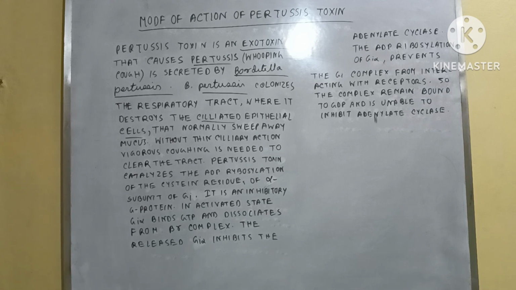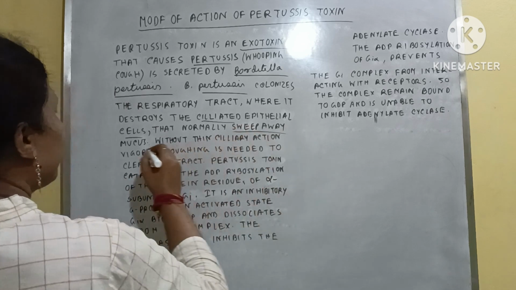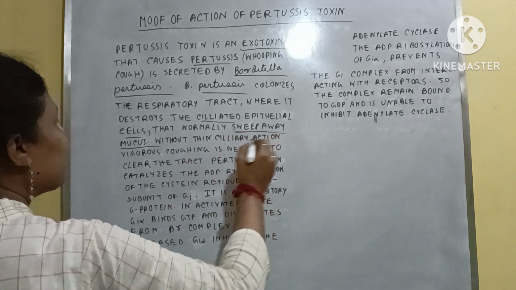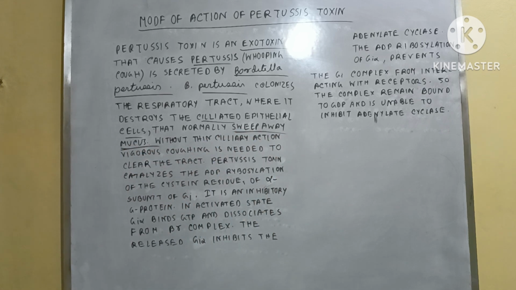These epithelial cells help to sweep away the mucus. They try to sweep away mucus from the respiratory tract where it has coagulated.